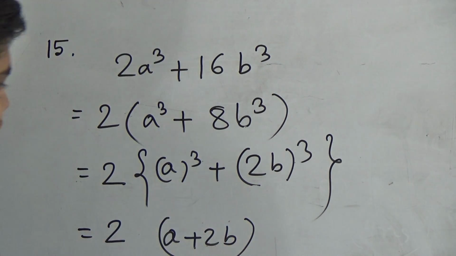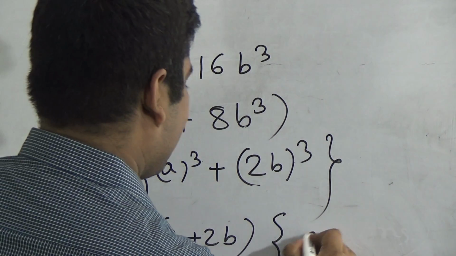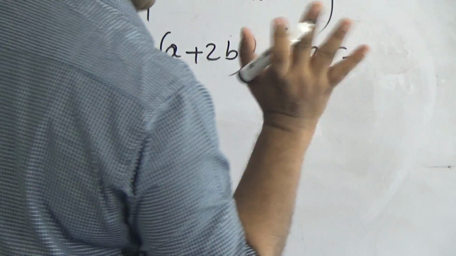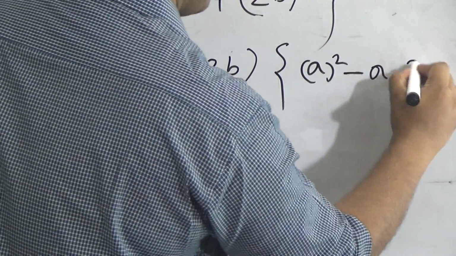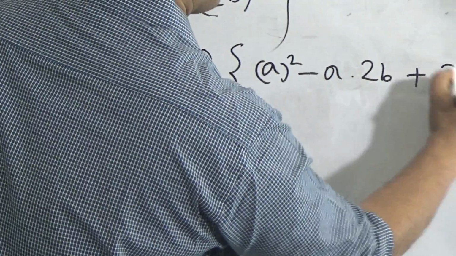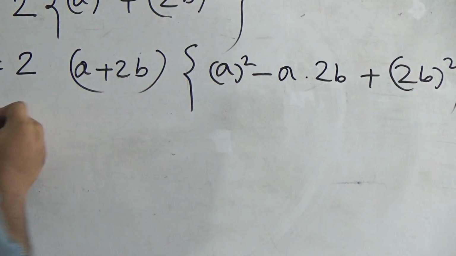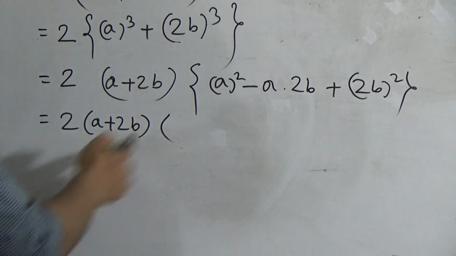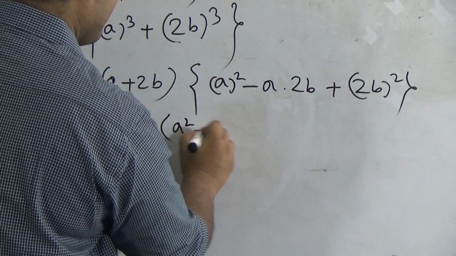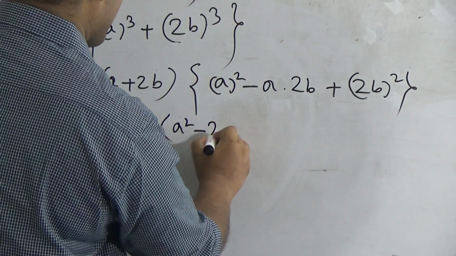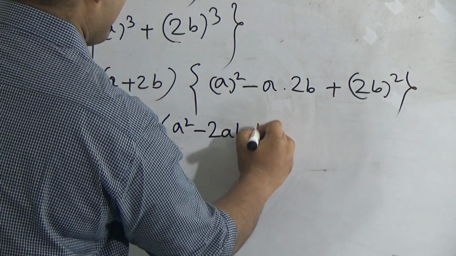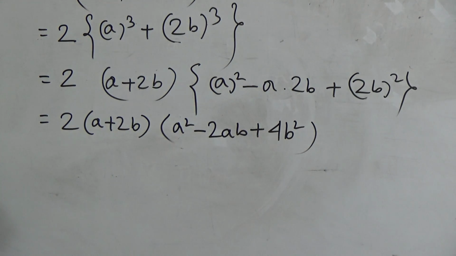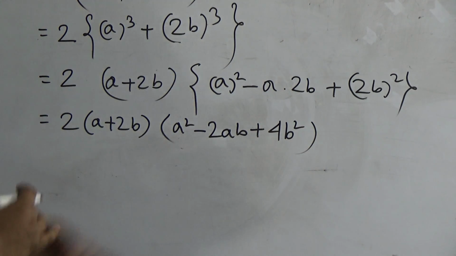Next, a square minus a into 2b plus (2b) whole square. Now we do the calculation: a square minus 2ab plus 4b square. I hope you have understood, dear students. This is the answer of this expression.